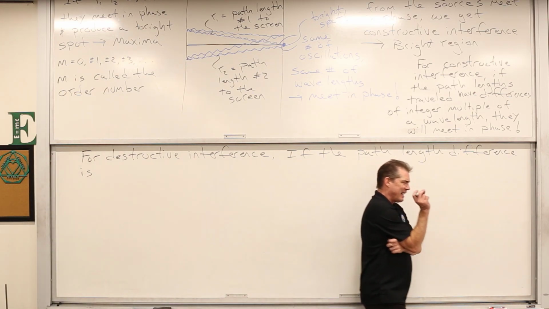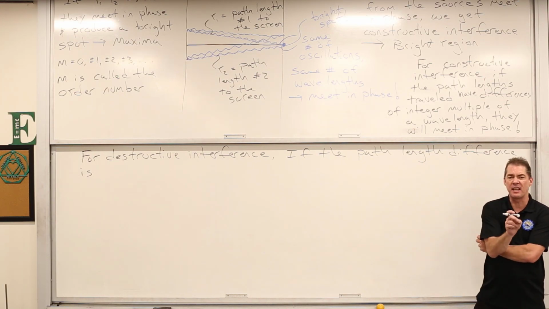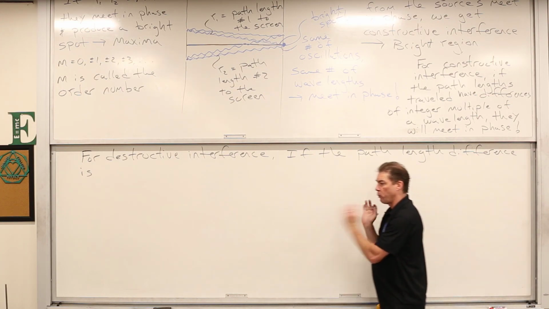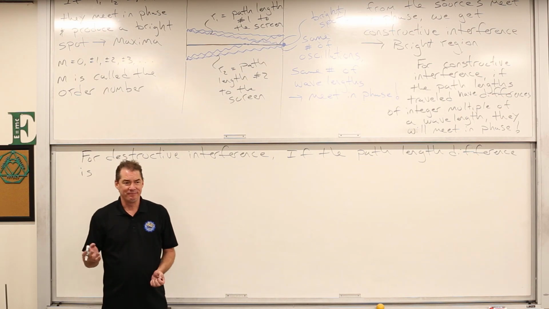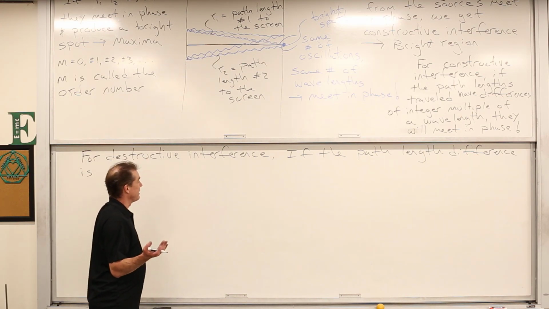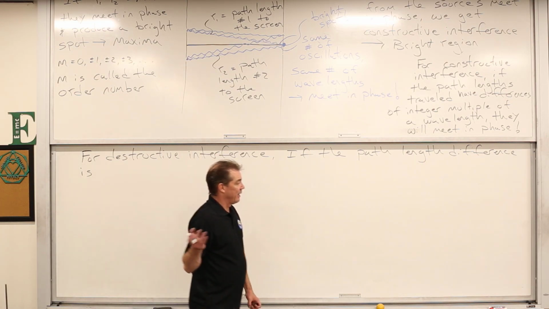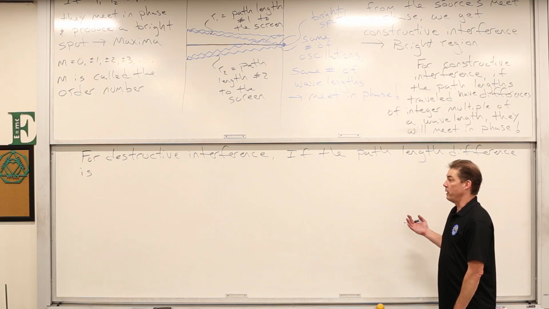If one is a half of a wavelength more or less than the other, we're going to get destructive interference. Because if we shift one over by half a wavelength relative to the other, they're out of phase by pi radians, 180 degrees. And thus, they're completely out of phase, and thus we get complete destructive interference.